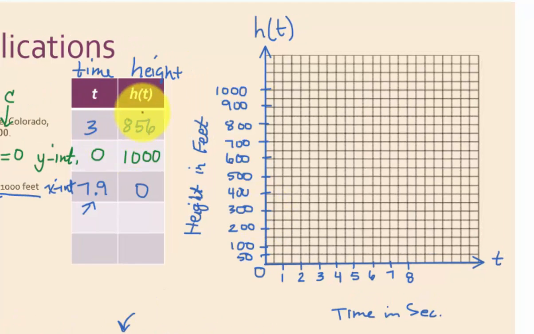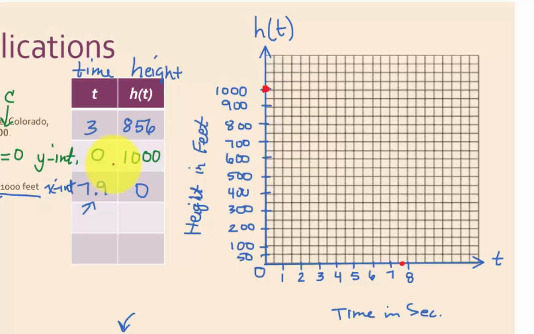Now we're ready to plot our ordered pairs. I'm going to start with the intercepts. Those would be the quickest. 0, 1,000 is the y-intercept. And then 7.9, 0 is our x-intercept. So 7.9 is almost to 8 seconds.